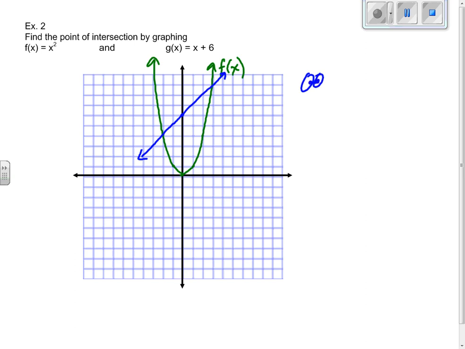Not the best method, but it appears we have 2 points of intersection. One of them appears to be (3, 9), and the other one appears to be (-2, 4).